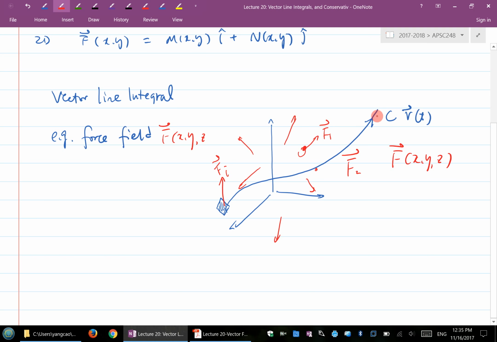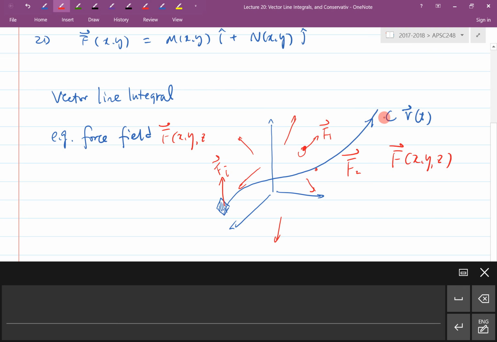So the question here is: how much is the total work done by this force field pushing from one end of the curve C to the other end?